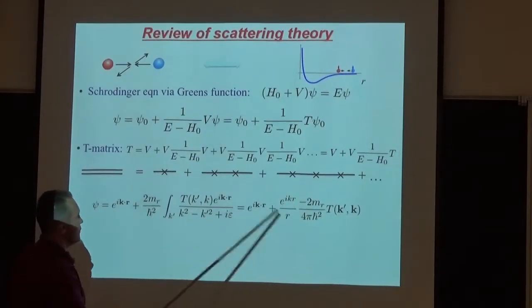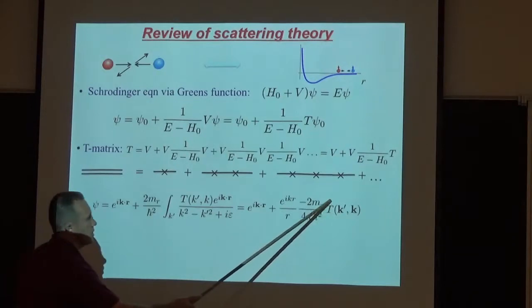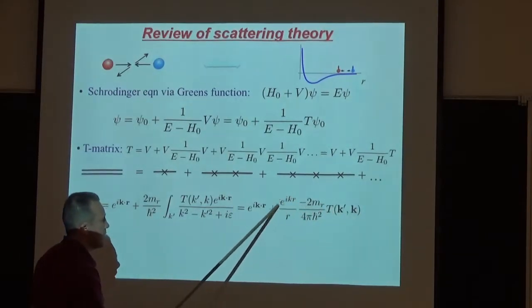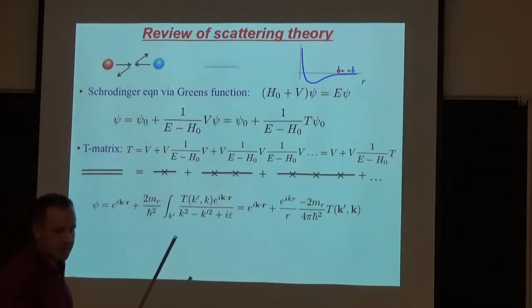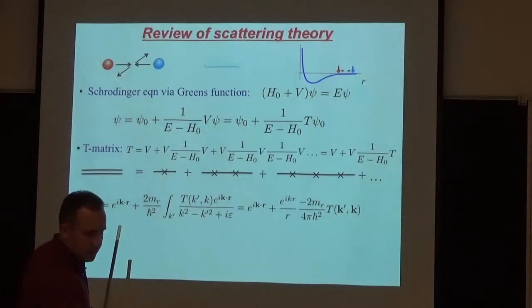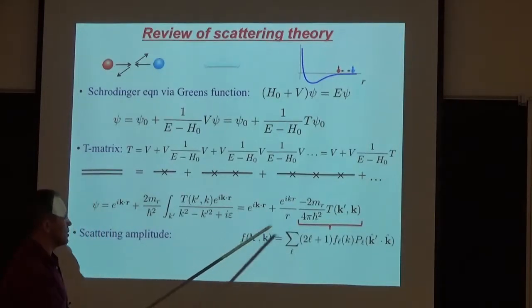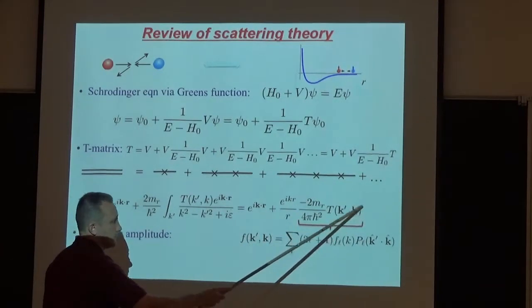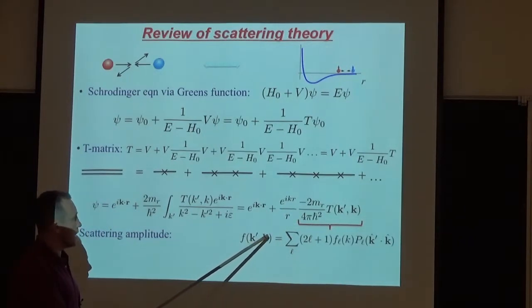If you then do this integral using residues, you get the T matrix times the spherical wave. So this T matrix is proportional to the scattering length and related to the scattering amplitude. The scattering amplitude is simply this factor, just by definition. F is the scattering amplitude to scatter from momentum state K to K prime.